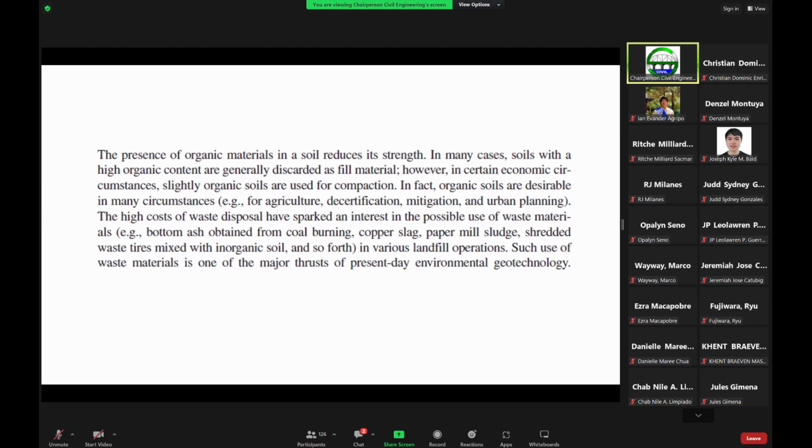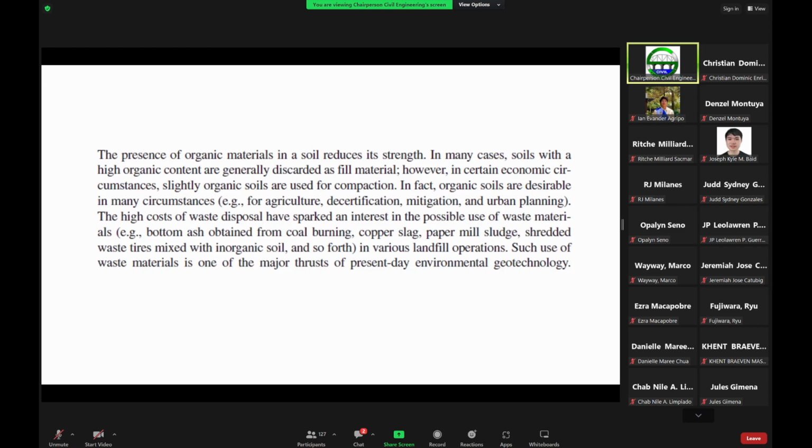Some organic soils are desirable in many circumstances, such as for agriculture, desertification mitigation, and urban planning, for example, wherein the high cost of waste disposal has sparked an interest in the possible use of waste materials, such as bottom ash obtained from coal burning, copper slag, paper mill sludge, shredded waste tires mixed with inorganic soil, and so forth in various landfill operations.